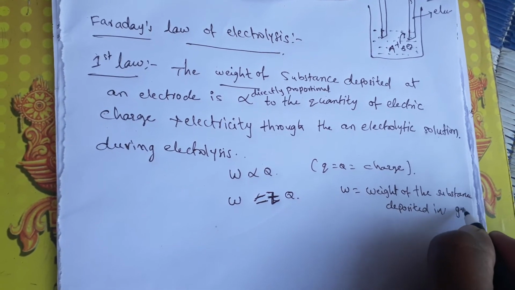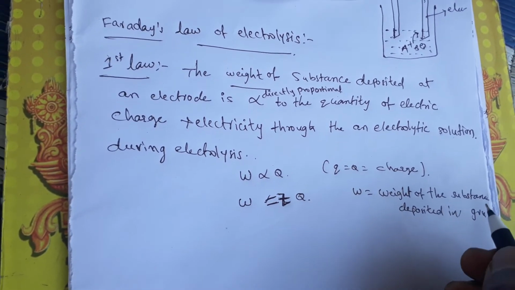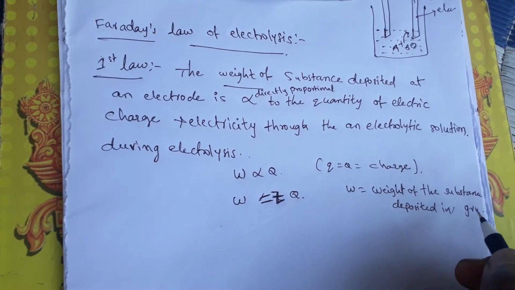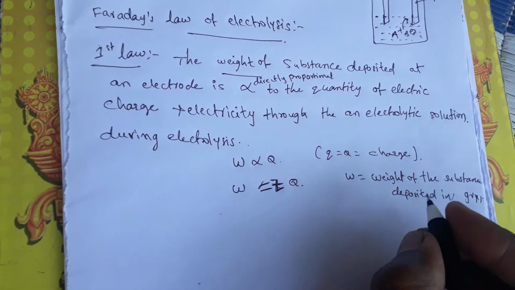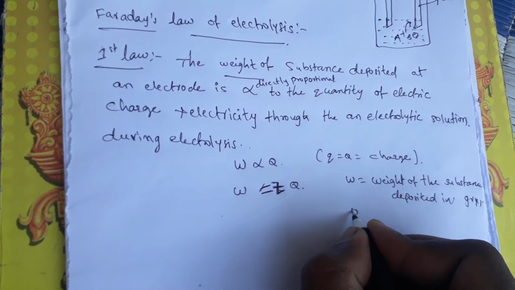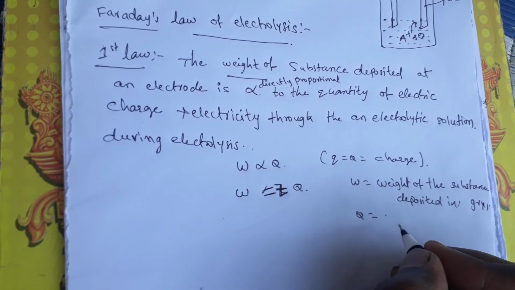This is not the weight you took into the electrolytic solution. This is the weight of the substance deposited at the electrode in grams. Next, Q is the quantity of electric charge or electricity in coulombs.